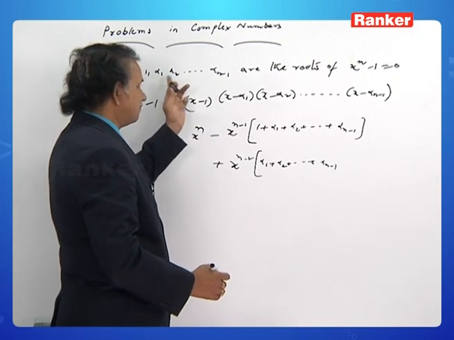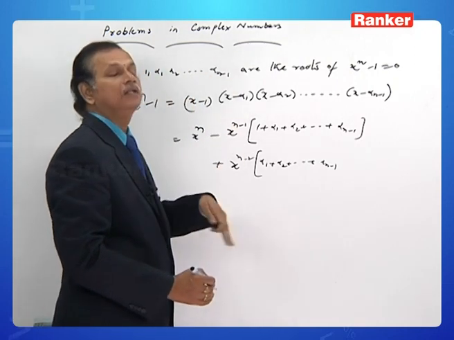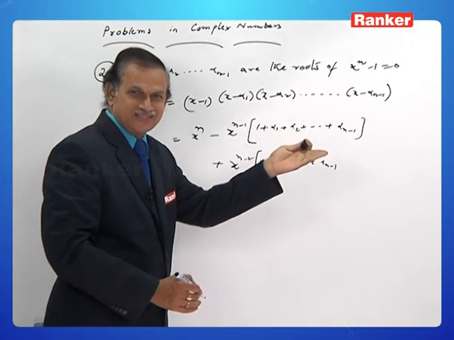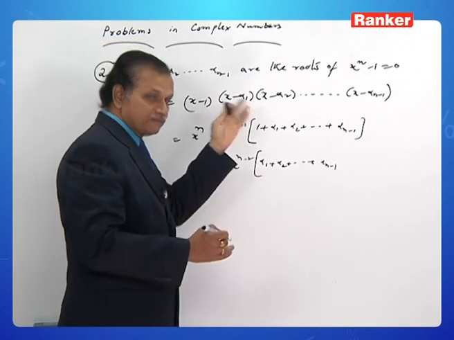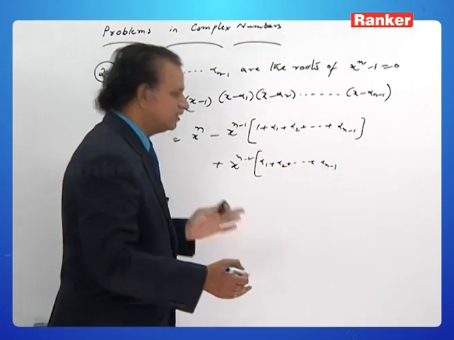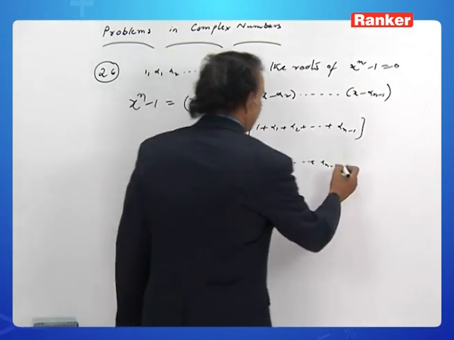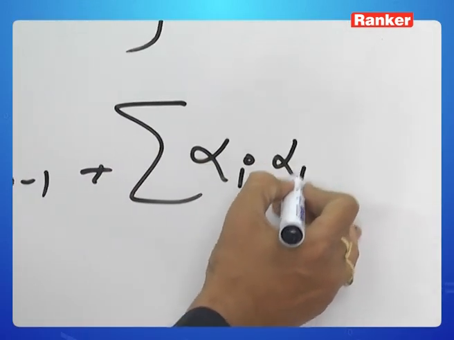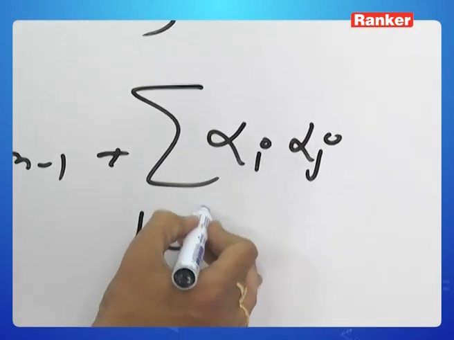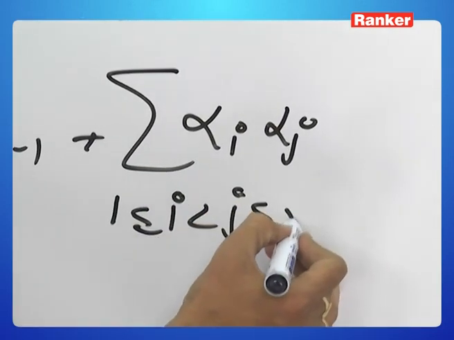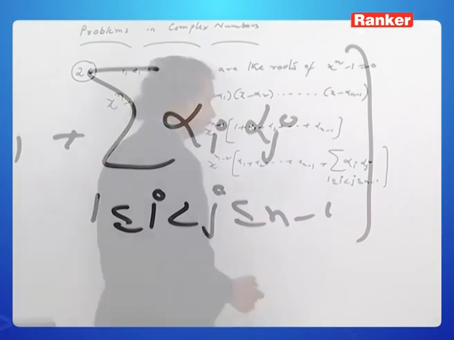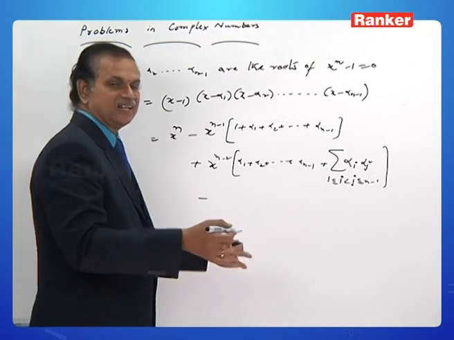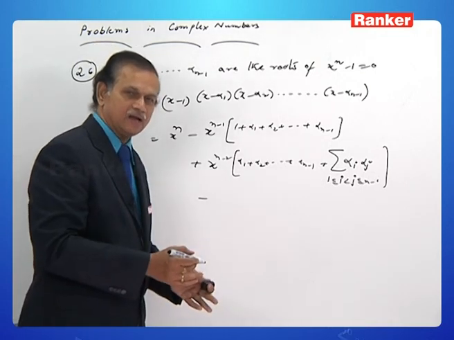Alpha 1 alpha 2 plus alpha 1 alpha 3 plus etc. Then alpha 2 alpha 3 plus alpha 2 alpha 4 plus alpha 2 alpha 5 etc. Then alpha 3 alpha 4 plus alpha 3 alpha, like that. It can be represented with the summation symbol sigma alpha i alpha j, 1 less than or equal to i less than j less than or equal to n minus 1, plus minus x^(n-3) into, what should be written there?